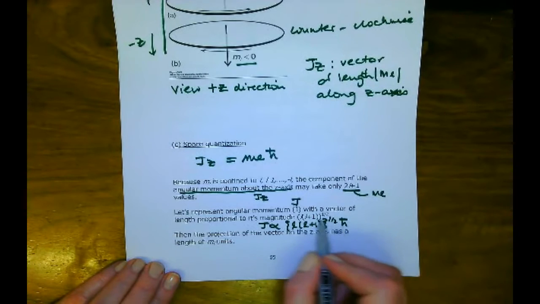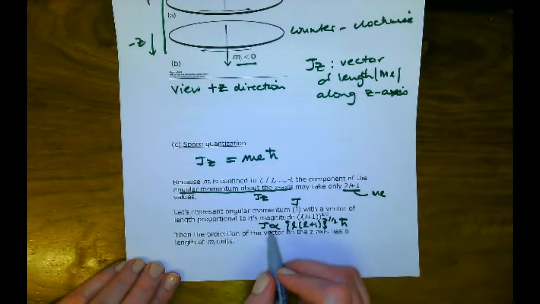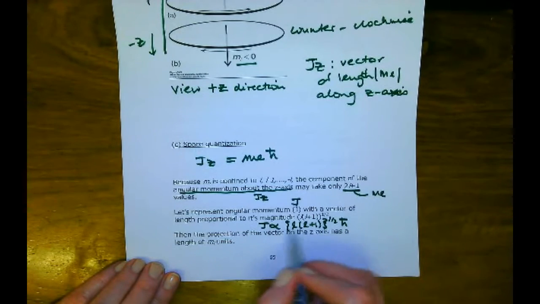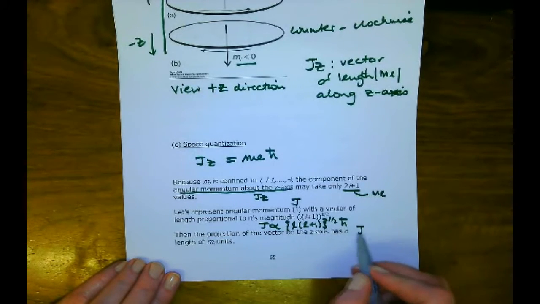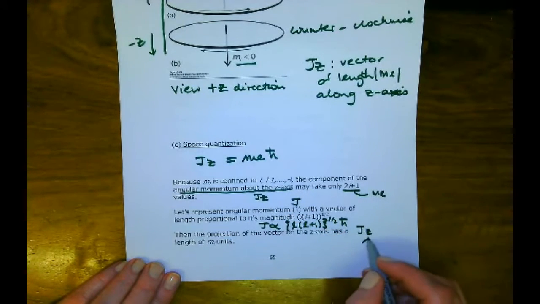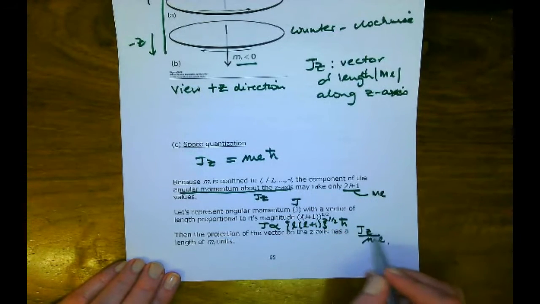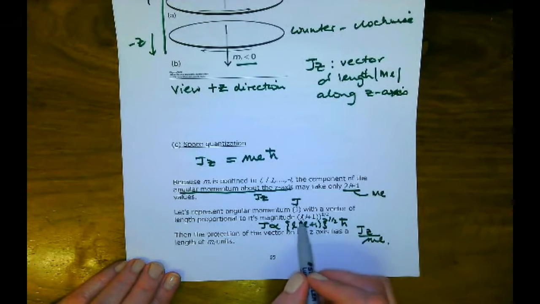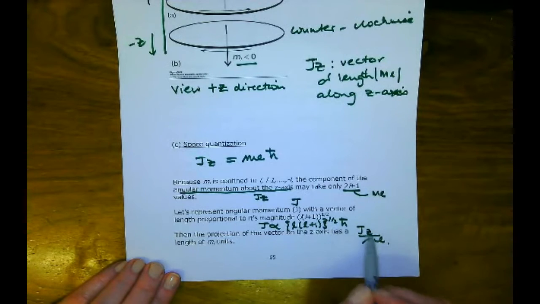So we just leave out the h bar, so we say the length is proportional to that magnitude. And then we use the projection. In that case, Jz will have a value of ML. So if J is represented by a vector of that length, Jz will have a value of ML.